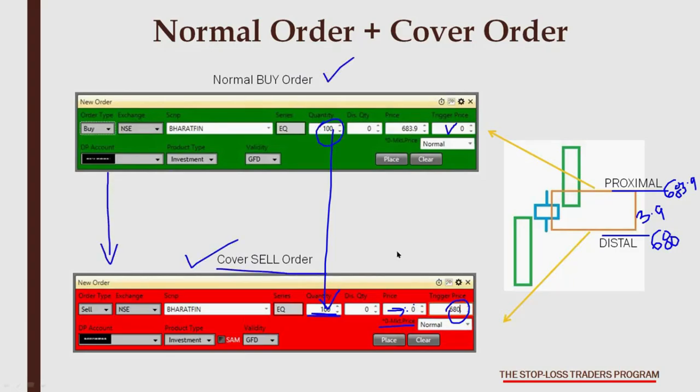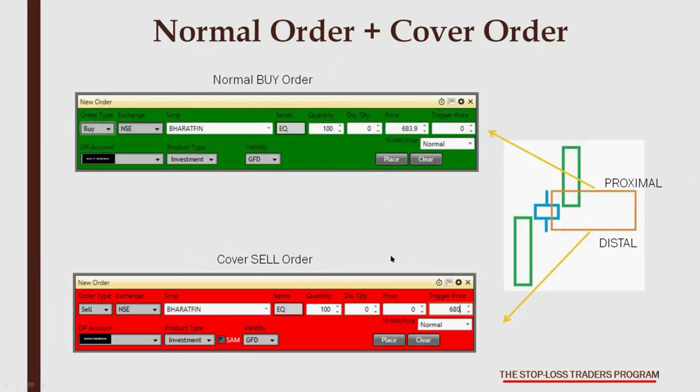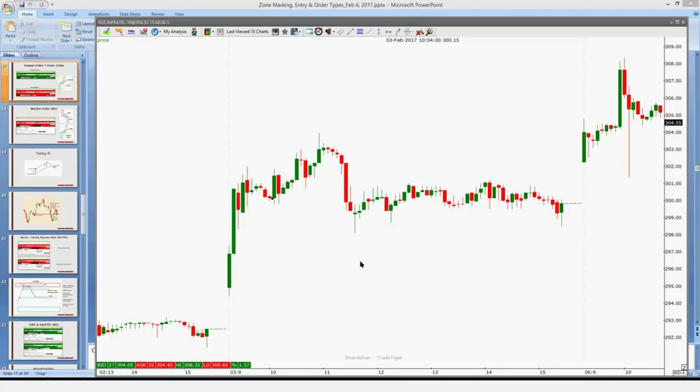But if the low of the moving candle is very close to the low of the base in case of a rally base rally, then you can choose to mark it that way. You can mark it like this also. This is a rally candle, this is also a rally candle. So rally base rally also can be marked that way, provided the low of the moving candle and the low of the base are very close to each other.